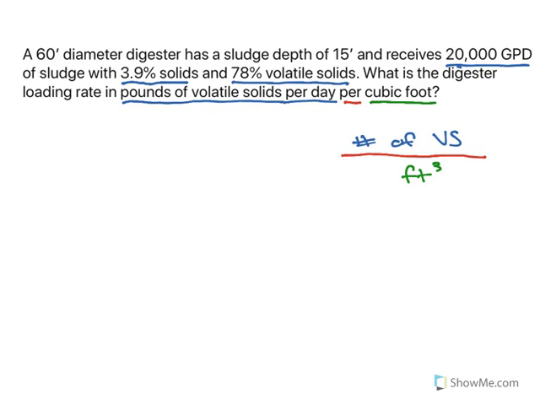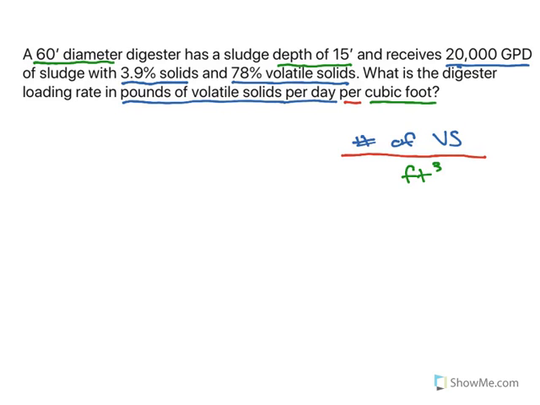So with that information, we can calculate the pounds of volatile solids per day. And then we are given the diameter of the digester and the depth in feet, so that will allow us to calculate the volume of the digester in cubic feet. So let's go ahead and calculate this out.